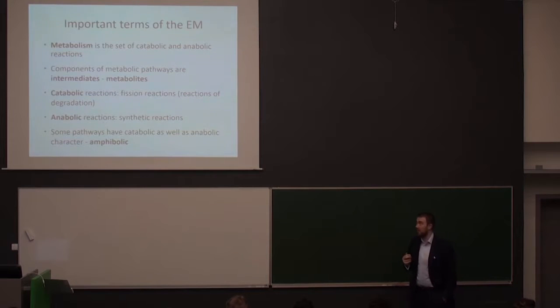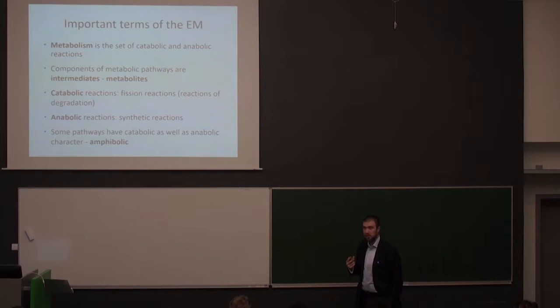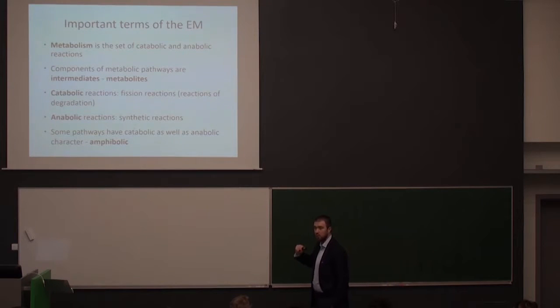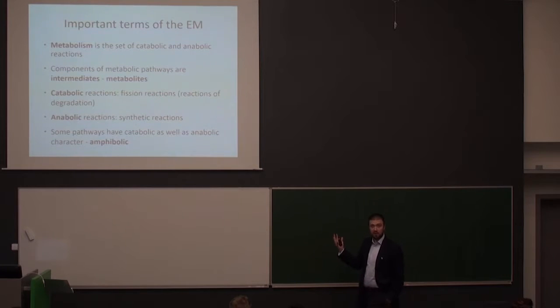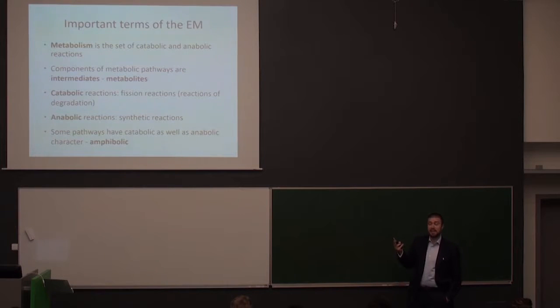On the other hand, we have anabolic reactions that are typically synthetic reactions, and the whole process should be endergonic. That means that you must give energy inside the reaction or inside the whole process for it to proceed. A typical example of an anabolic process is the opposite process to proteolysis, that means synthesis of new proteins on ribosomes. That means protein synthesis that's located on the ribosomes.